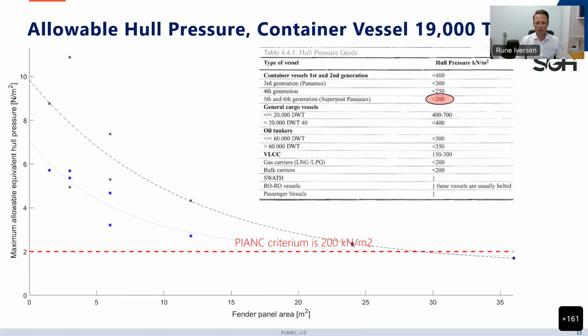So 20 tons per square meter, roughly speaking. And the study here showed really that as fender panels get larger, the allowable hull pressure on the ships actually will go down. So there is a sweet spot there in terms of fender panel size. Larger panel isn't always better.